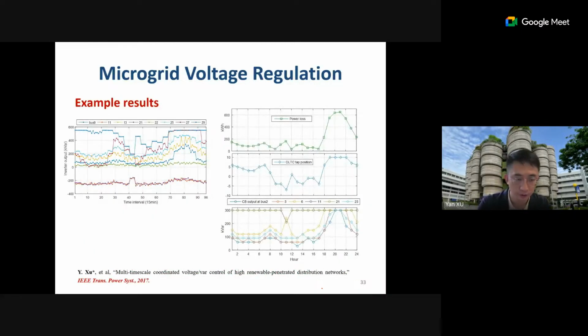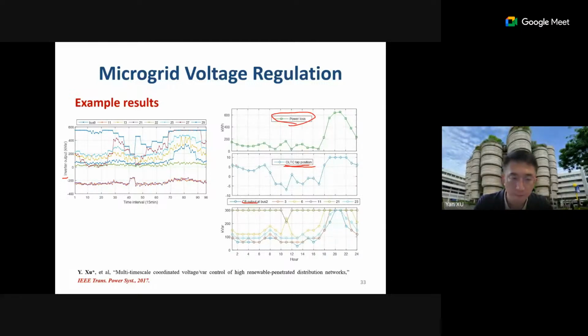Now let me show you some simulation results. Once again, we dispatch the power converters and we dispatch the capacitor banks. Our objective is to minimize the power loss, right? Capacitor banks here, and this is transformer tap changes.